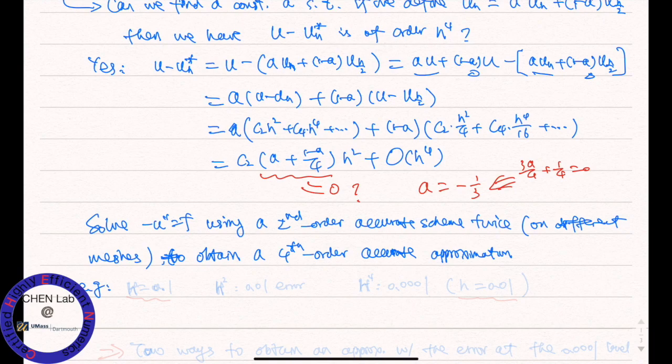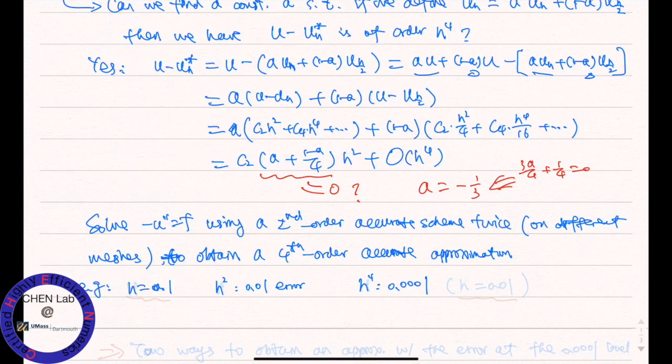If you think about it, if h is 0.1 and you have a second order scheme, you would have 0.01 error. If you get a fourth order scheme, that's 0.0001.